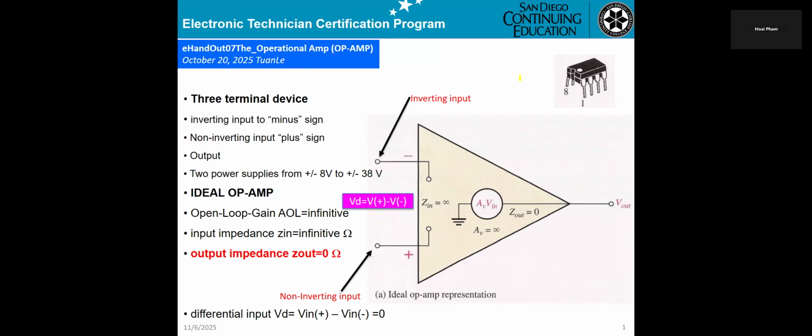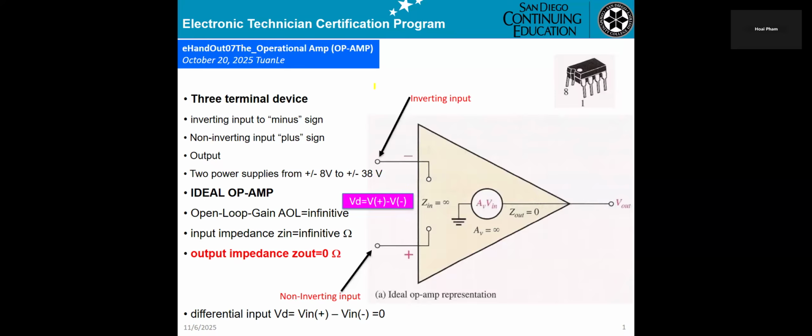Okay, we already went through the fundamentals of the differential amplifier. And now the second part will be the operational amplifier. This is the symbol for the differential amplifier.